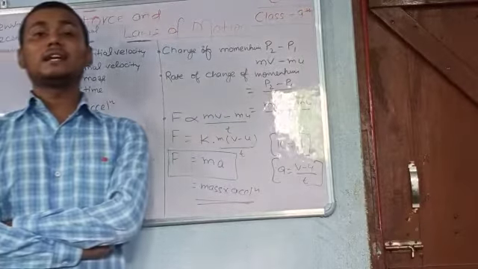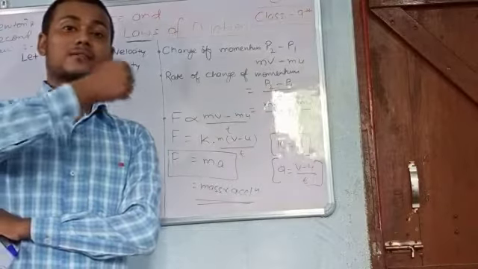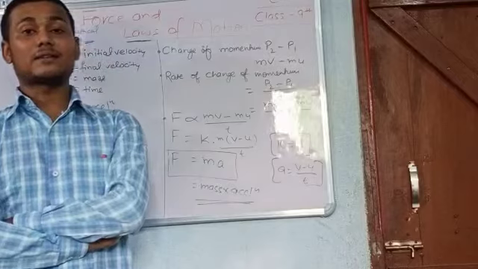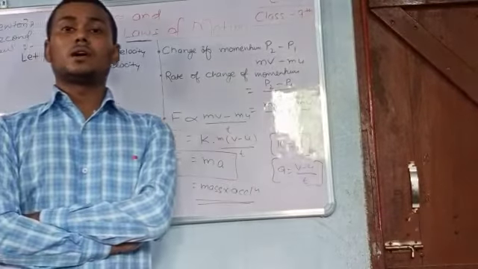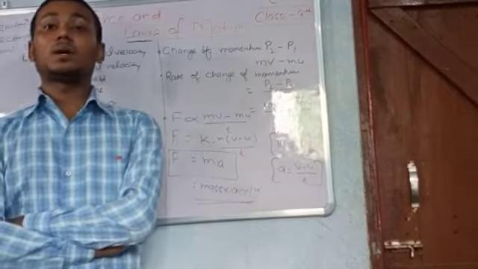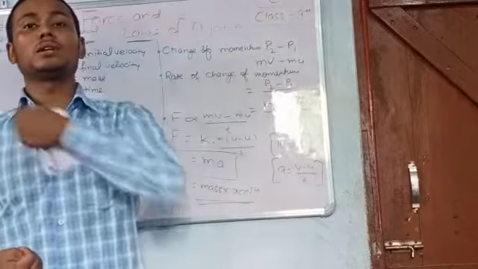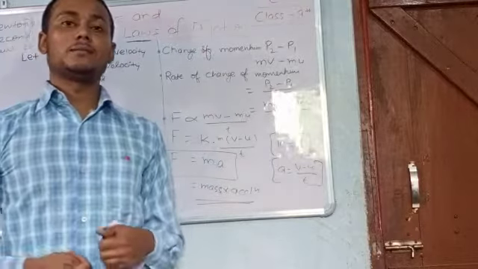So every action, meaning the applied force is an action, is equal and opposite to the reaction. If you apply 5 Newton of force, then it gives you 5 Newton in reverse.